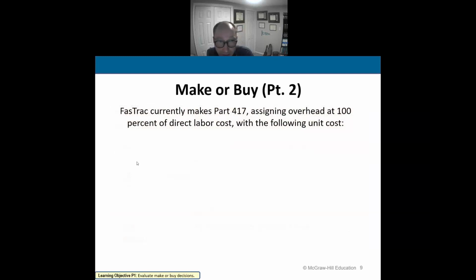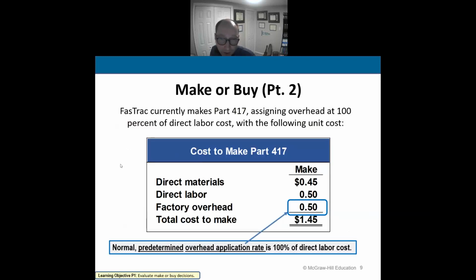So here's another example. We have a company that makes parts. We can make a part for, let's say, a car. Let's say it's not an alternator, because that costs more than $1, I'm sure.